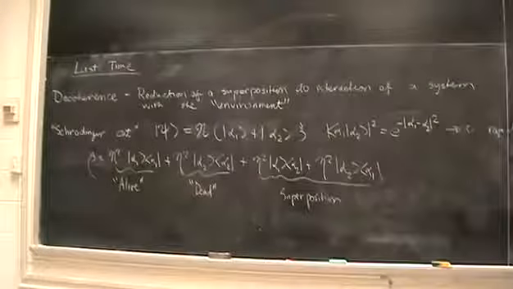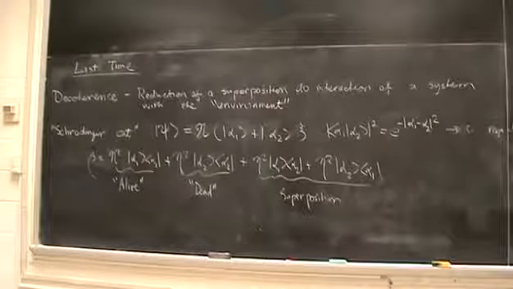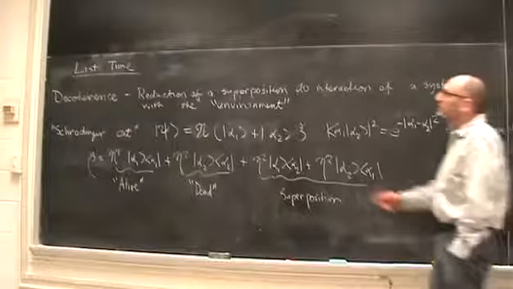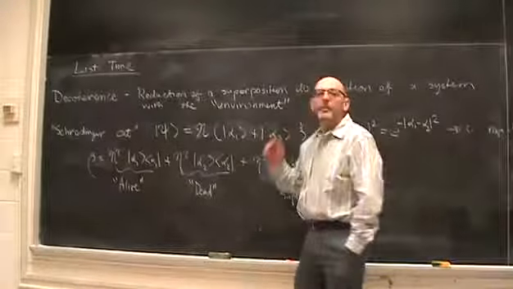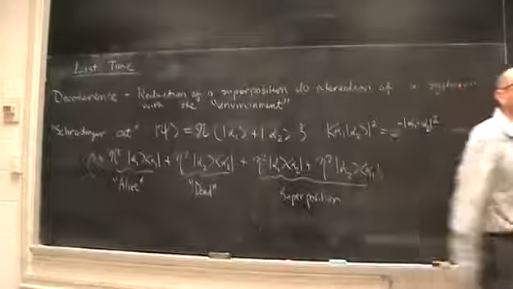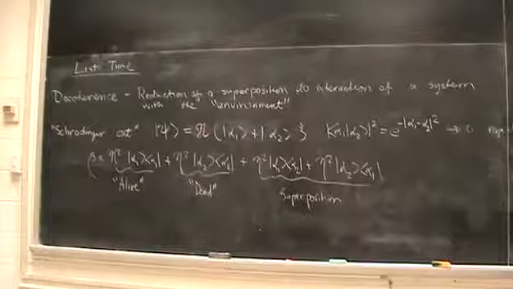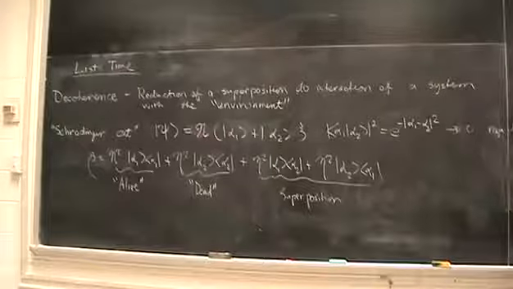And we think about that as a Schrödinger cat state when these two coherent states are macroscopically distinguishable, okay? So that they represent two coherent amplitudes that are very, very well separated, okay?